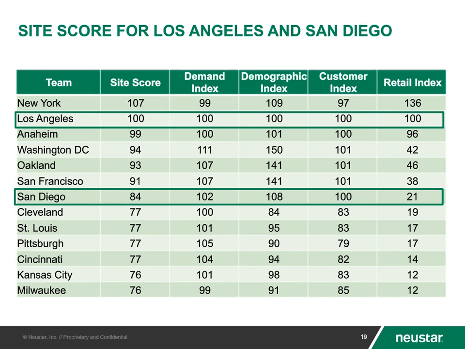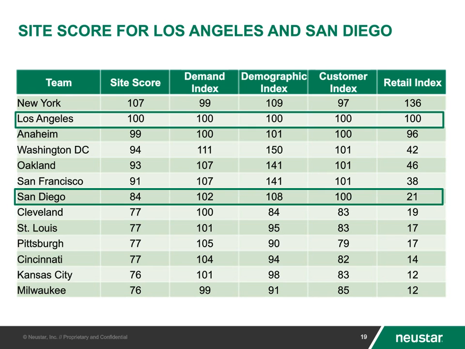So this is talking about if you were to take the LA Dodgers and put them in another market, how well would they do in that market given the characteristics of the market they currently serve. And so in this case, LA, you can see, is site score at 100. So that means LA is doing as good as they are. A market where they could actually do better would be in the New York market. Relative to San Diego, if you brought the Dodgers to San Diego, they wouldn't do as good as they're doing in LA.